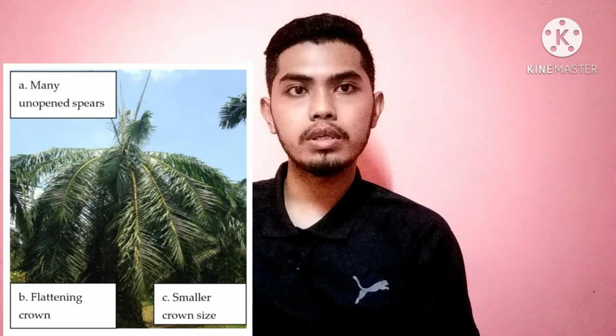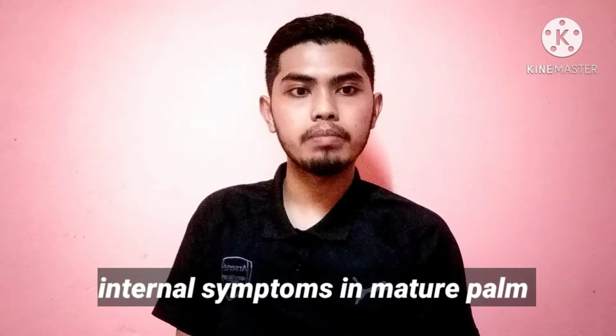For internal symptoms in mature palm, there is dry rot in the stem and trunk, also powdery rot in the roots. The affected young palm will die within 6 to 12 months of the first symptom, whereas mature palm may survive for 2 to 3 years or longer.